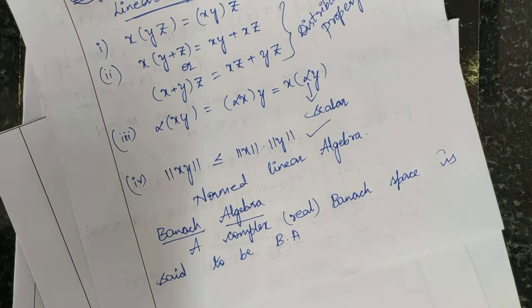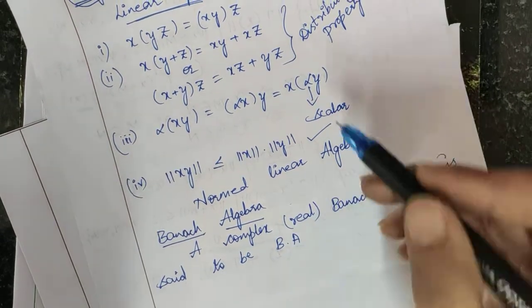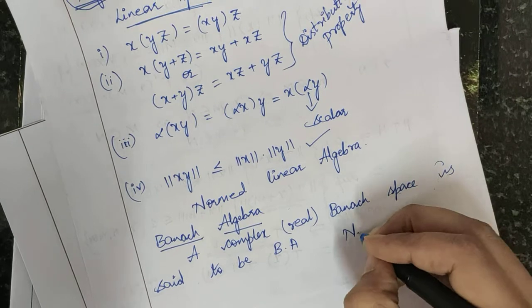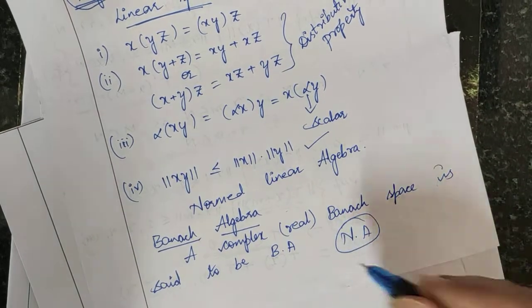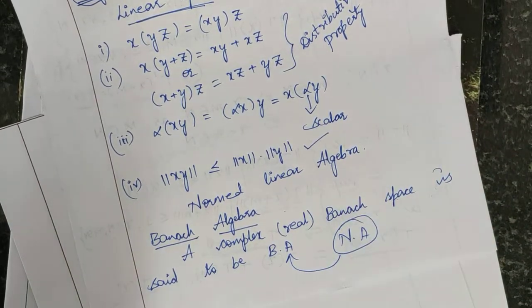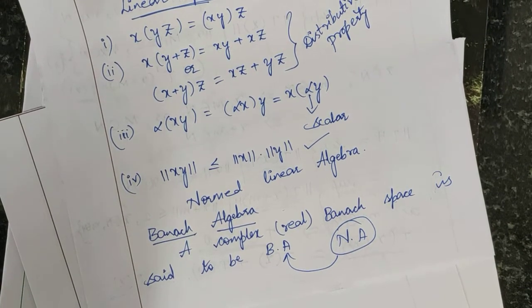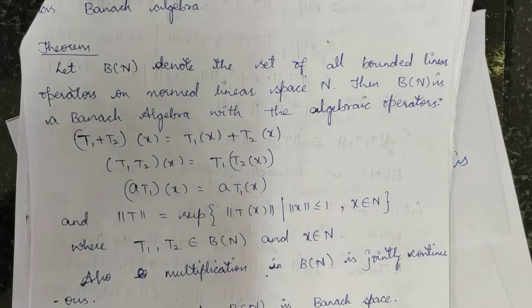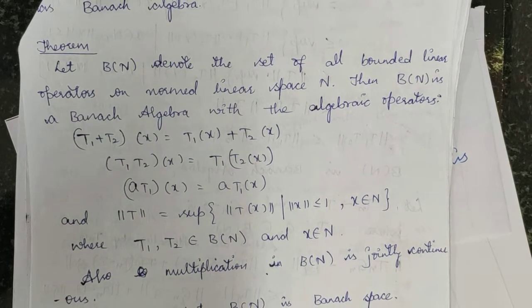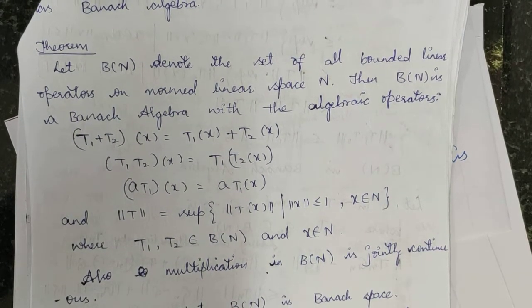That means any Banach space which holds the property of a normed algebra, then we can say that it is a Banach algebra. This is how we define our Banach algebra. Using this definition, we have some theorems to prove. Let's see them one by one.